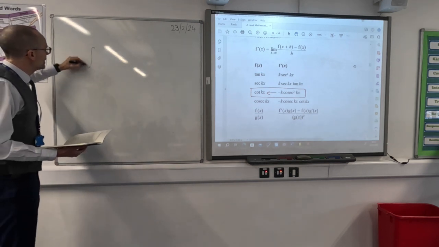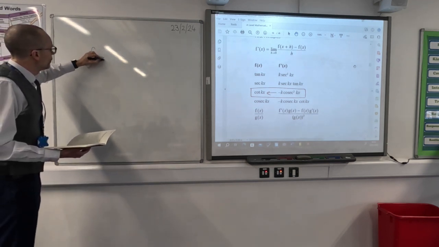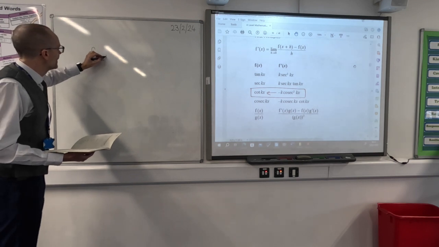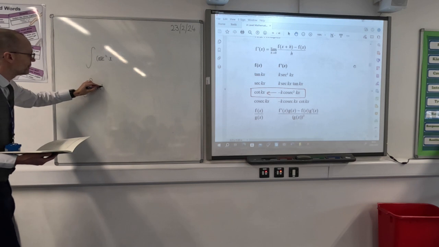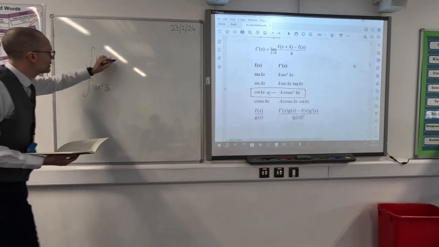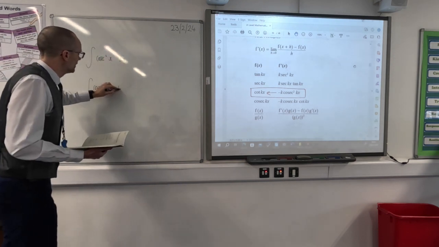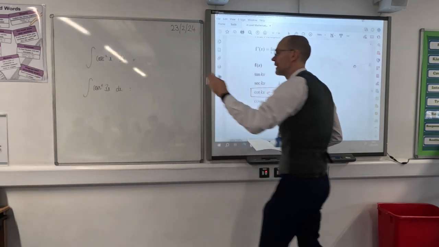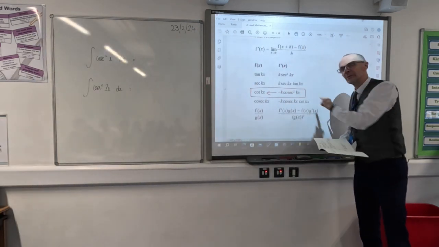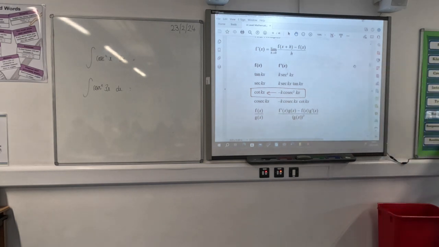So again, see if you can tell me what cosec squared x becomes, and then what about cosec squared 3x? What would those become if we integrated them using that particular expression? There's no number out the front, and this time, remember, we're expecting it to be a minus number.